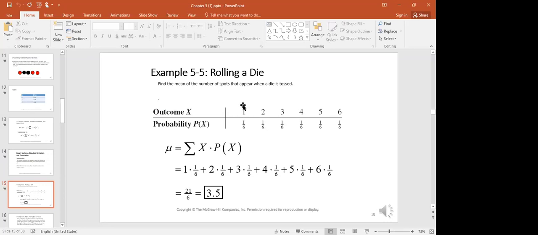To find the mean, we multiply each value by the probability. So 1 times 1/6 plus 2 times 1/6 plus 3 times 1/6 plus 4 times 1/6 plus 5 times 1/6 plus 6 times 1/6. That will give us 1 plus 2 plus 3 plus 4 plus 5 plus 6, which is 21, divided by 6, which is 3.5.